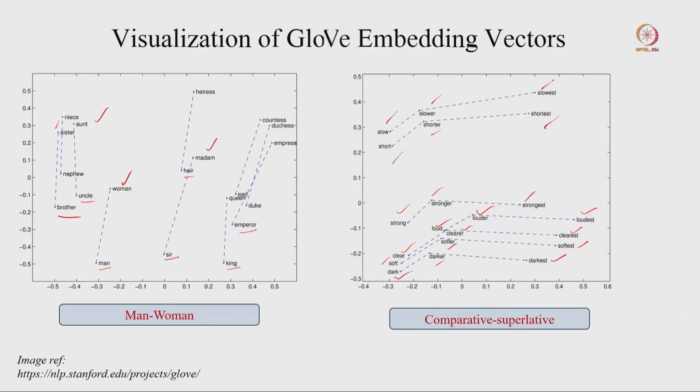That means there is a pattern. If you see all the placements, there is a pattern in which the comparative and superlative terms are placed.